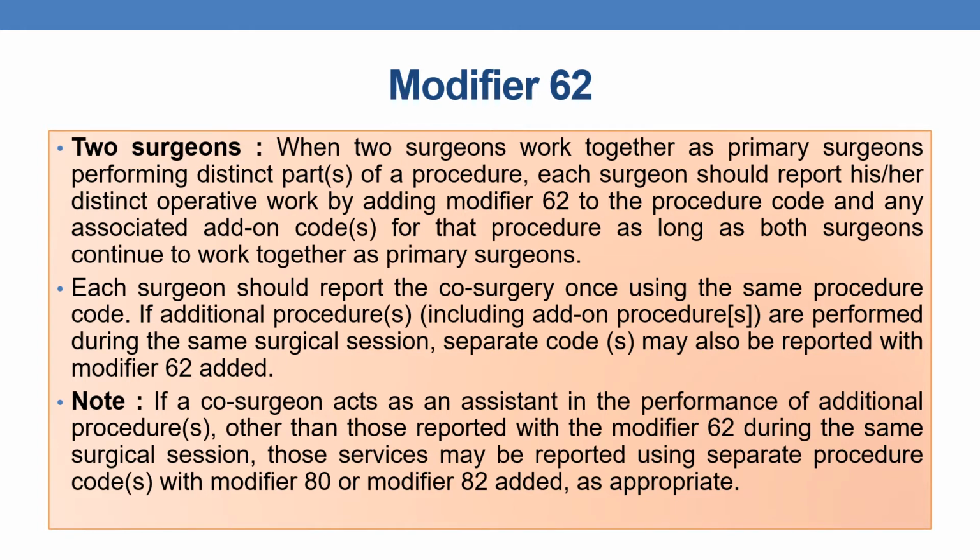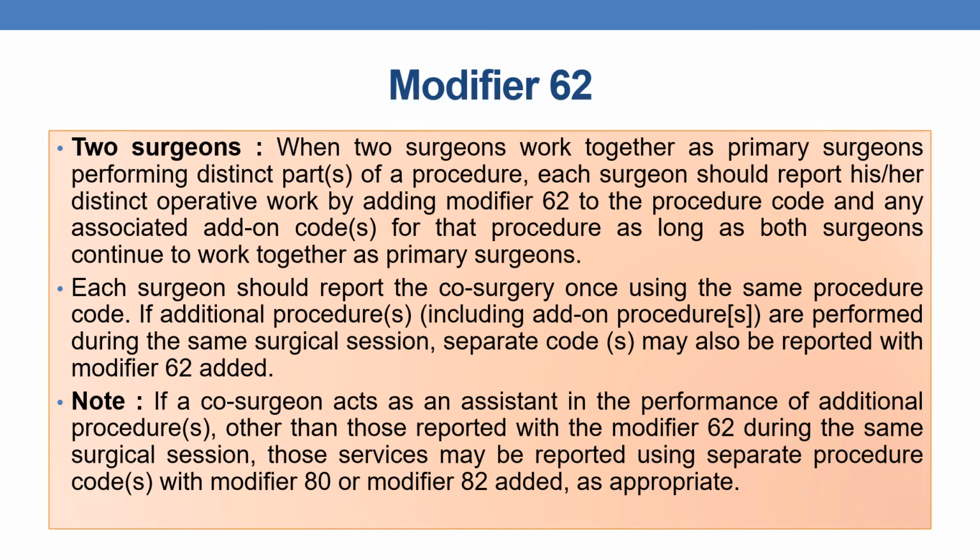In simple words, the 62 modifier means whenever two surgeons work together as primary surgeons, performing distinct parts of a procedure. Each surgeon should report his or her distinct operative work by adding the 62 modifier to the procedure code and any associated add-on codes for that procedure, as long as both surgeons continue to work as primary surgeons.